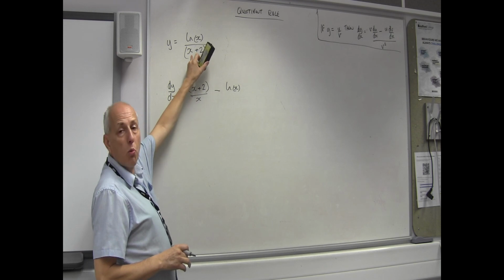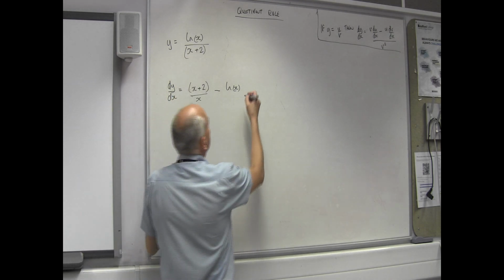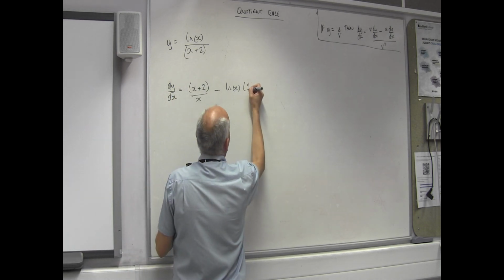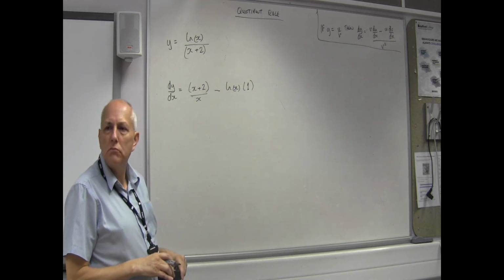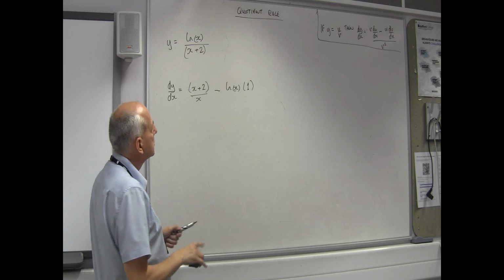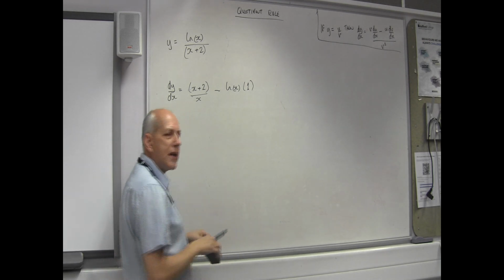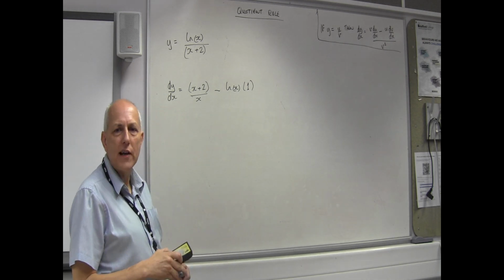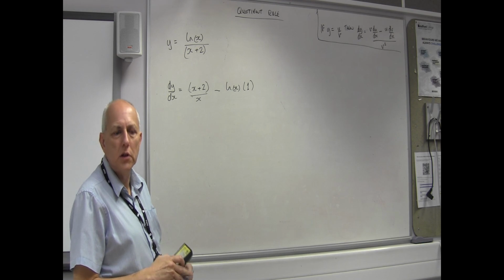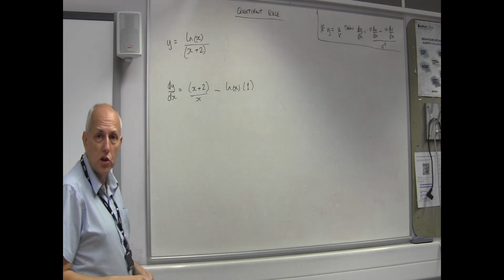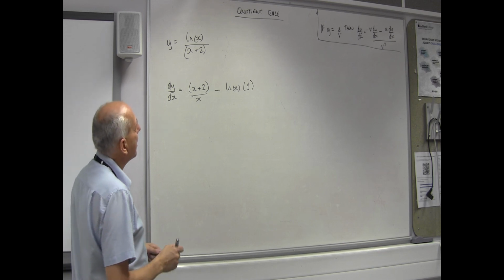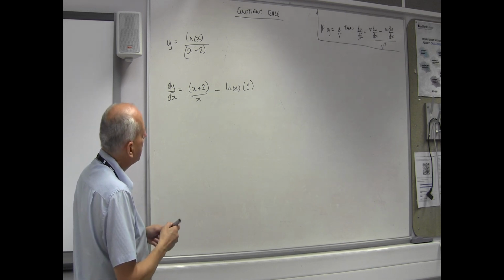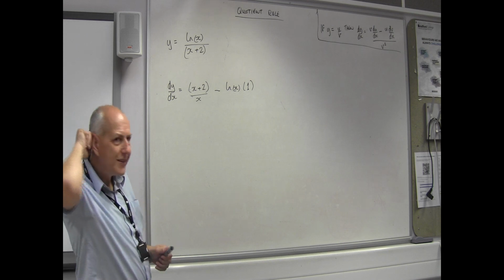So the x is a 1, and there's nothing for the constant. So it's times 1, so it stays the same in actual fact. So just x plus 2. You put it down to start with, and then when you tidy it up, you can just ignore it. It's up to you. It just means anything times 1 stays the same. Right, now the whole lot, and then over x plus 2 squared.